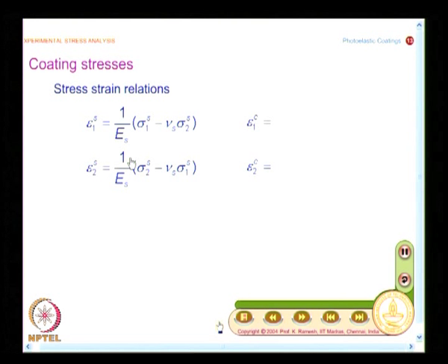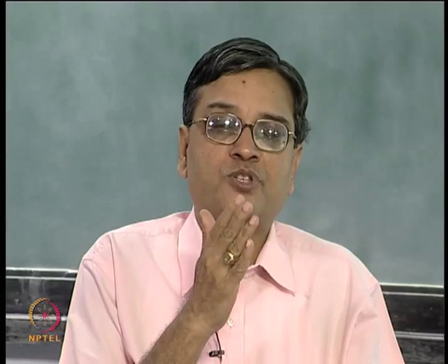Epsilon 2 s is 1 by E s into sigma 2 s minus nu s sigma 1 s. On similar lines, I can also write epsilon 1 c and epsilon 2 c in terms of coating stresses, and now we have the basic assumption epsilon 1 c equal to epsilon 1 s, epsilon 2 c equal to epsilon 2 s. Now you have the strain stress relations.